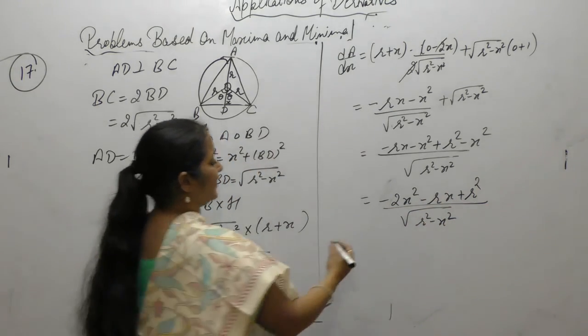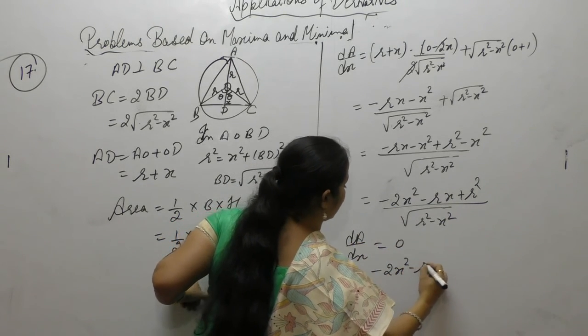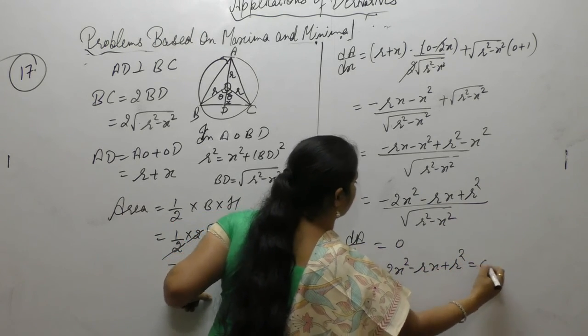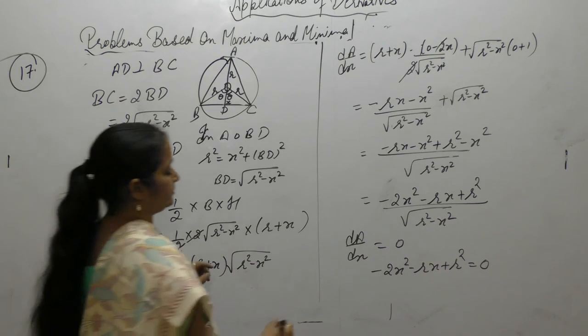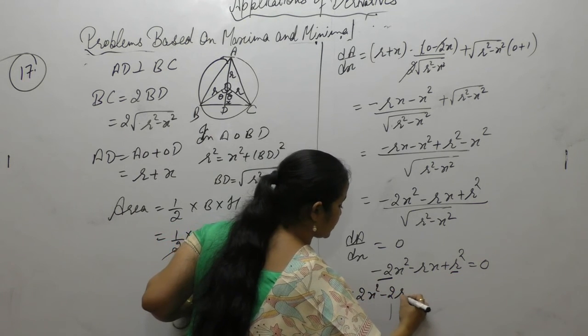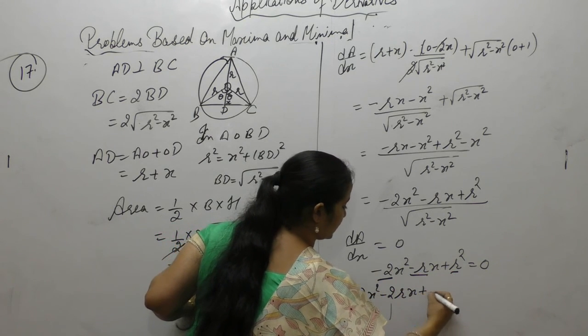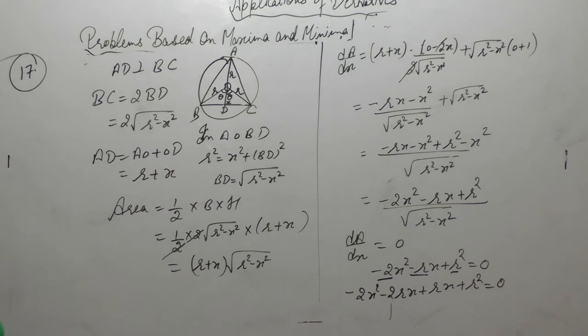Now put the first derivative equal to 0. So we get minus 2x square minus Rx plus R square. Now this is quadratic, so factorize it. On multiplication, we want minus 2, so minus 2Rx. On addition, we want plus 1, plus Rx plus R square equals 0.